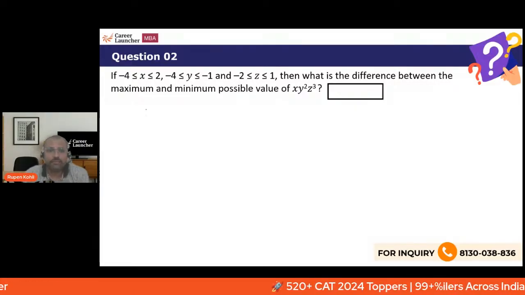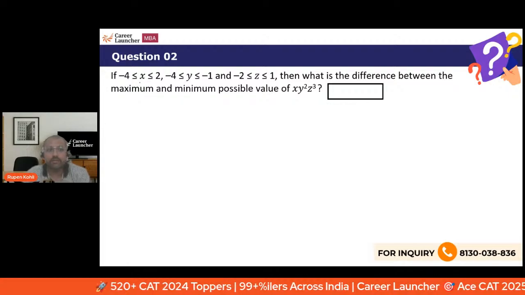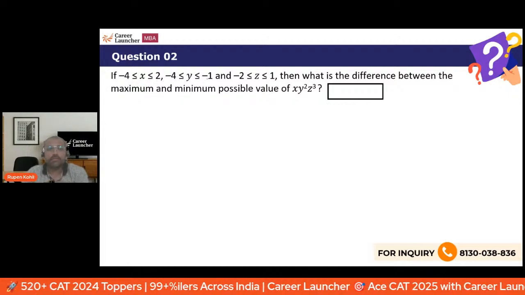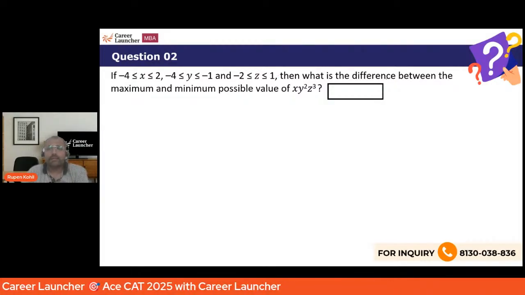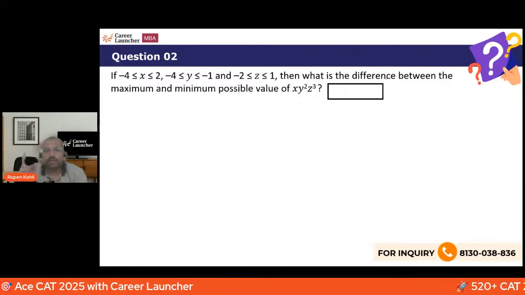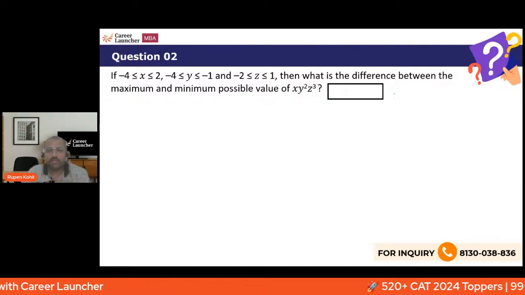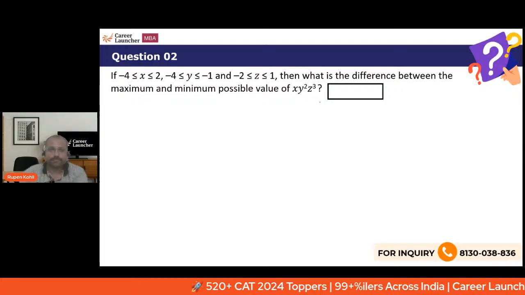We have x, y, z, three variables whose ranges are respectively given as -4 to 2, -4 to -1, and -2 to 1. Then we have to find the difference between the maximum and the minimum possible value of this expression, which is x into y square into z cube, right?